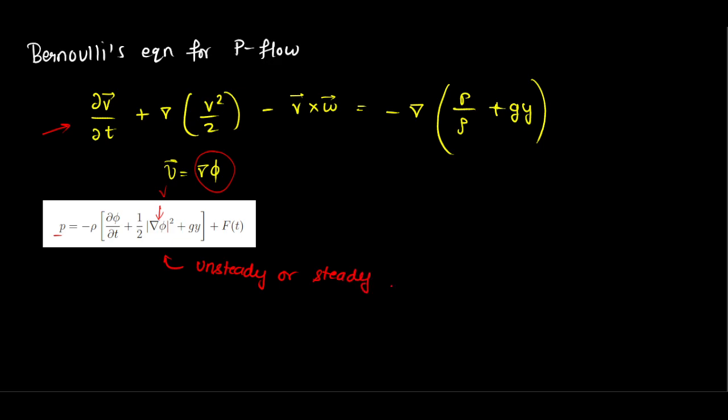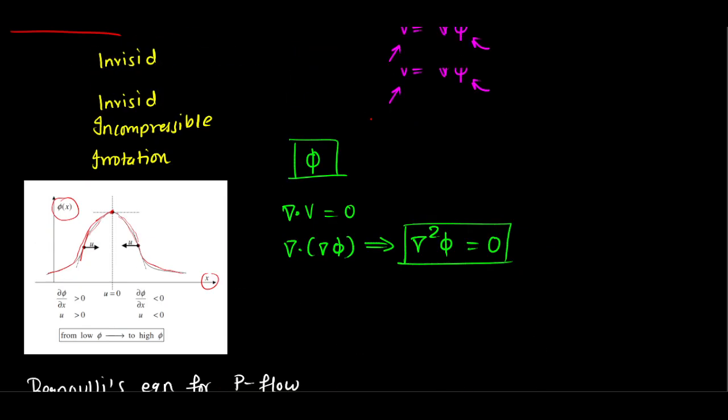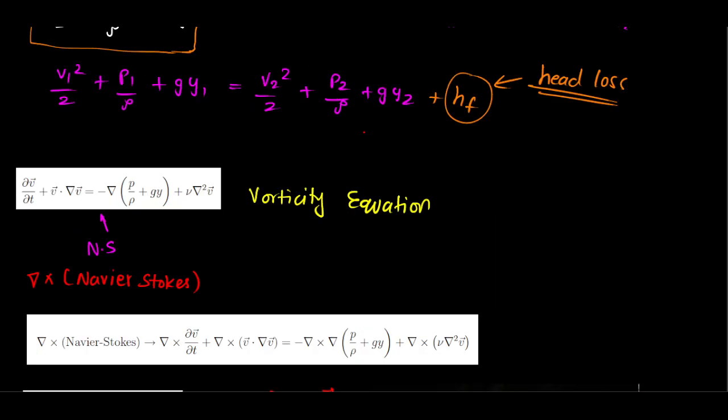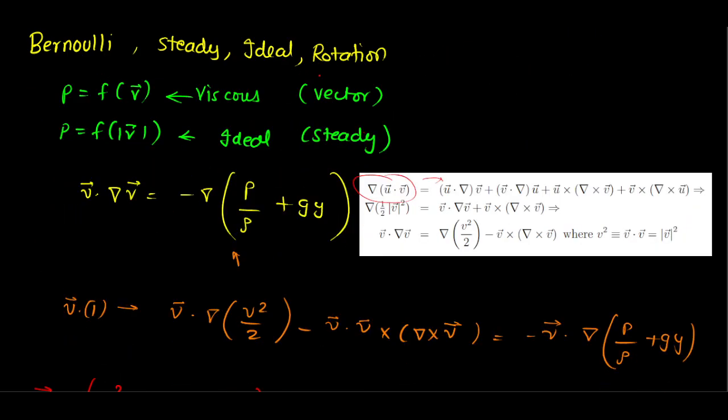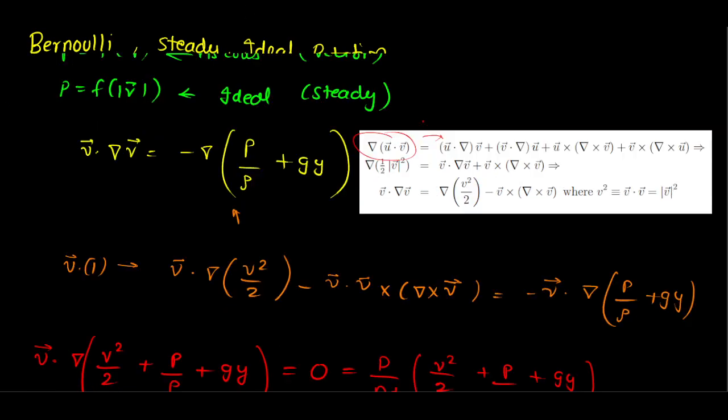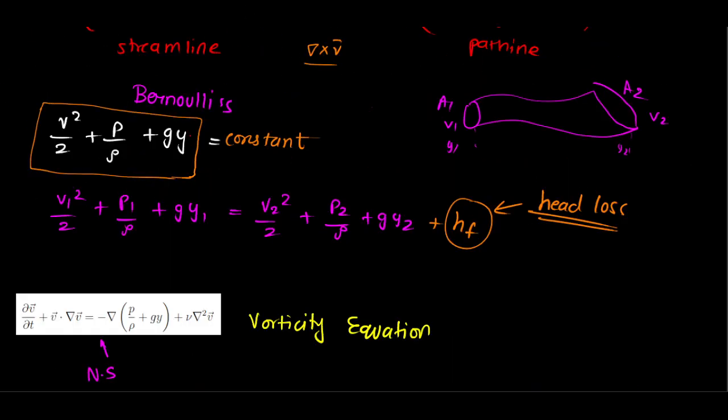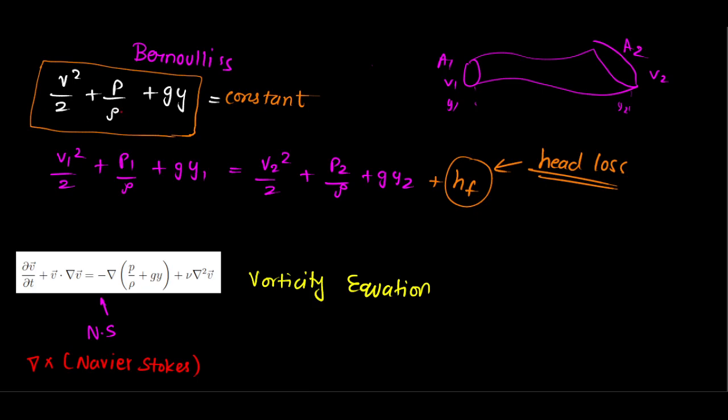Now the difference between this and the previous Bernoulli's equation which we had seen: in our previous Bernoulli's equation, we had said that it could be a rotational flow, an ideal flow, and a steady flow. It should satisfy these three conditions, and hence we got that equation. Also this was a vector equation, with vectorial signs.